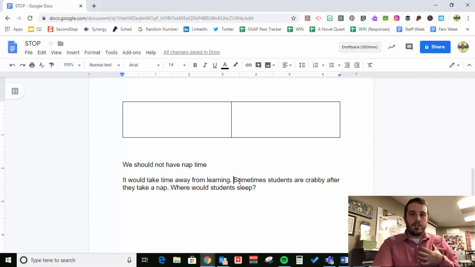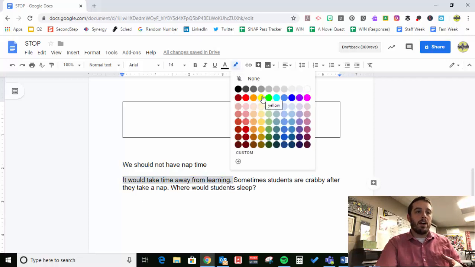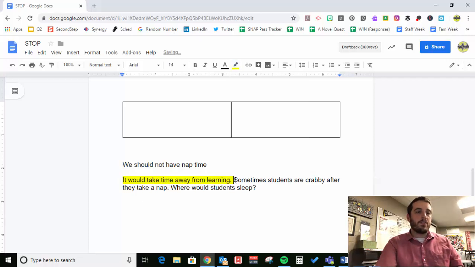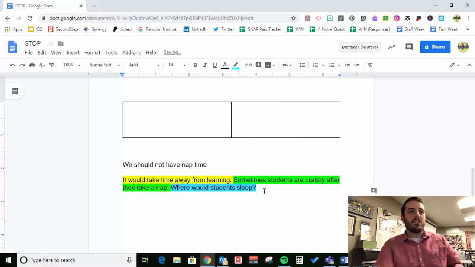So my suggestion to start off with would be to break this up into separate paragraphs. So you have 1 paragraph about this reason, 1 paragraph about this reason, and 1 paragraph about this last reason. All right. What that does is that makes it its own idea, and you can develop it out more.